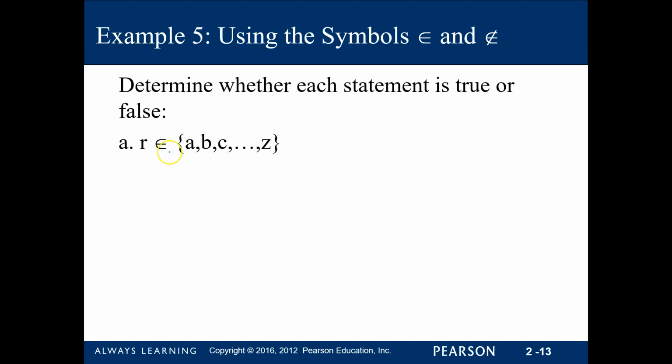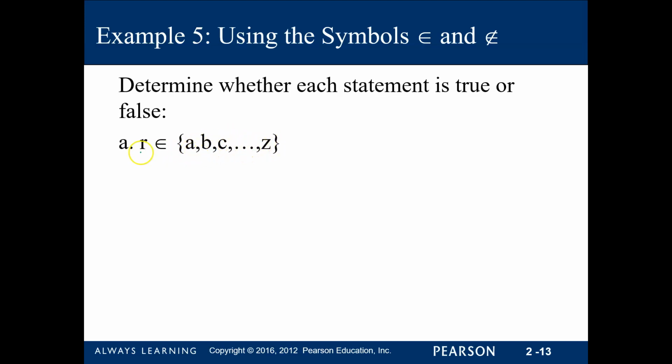R is an element of the set A, B, C, dot, dot, dot, Z. You will notice that we have these three dots here, which we call the ellipsis, meaning that by common knowledge we know what is next after the letter C: D, E, and so on, until we reach the last element, which is Z. This set is the set of the alphabet.